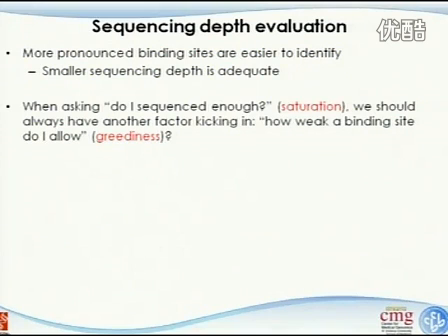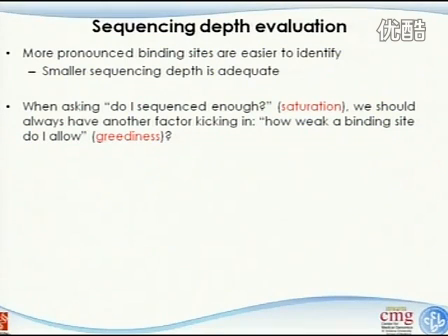But when we ask the question, the initial question was framed a little bit not very accurately. When we're asking, how do I sequence enough? This is a saturation issue. We should always ask about another factor that's kicking in here, which is how greedy you are, right? Which means how weak a binding site do I allow? I always want to see the weak binding sites, right?